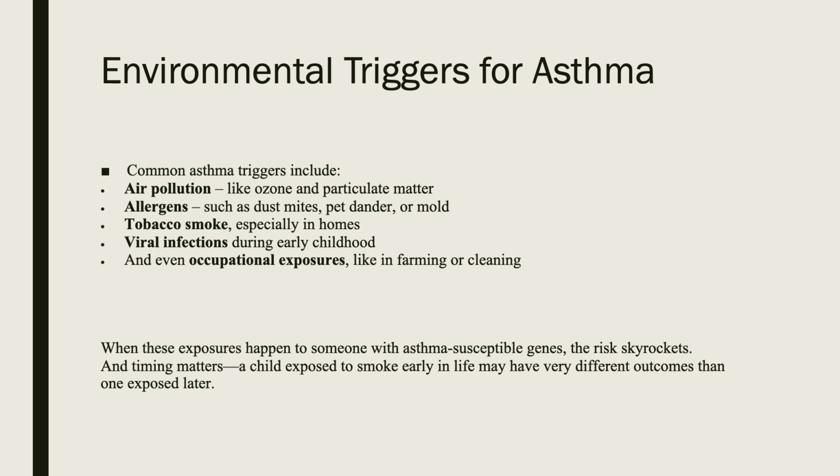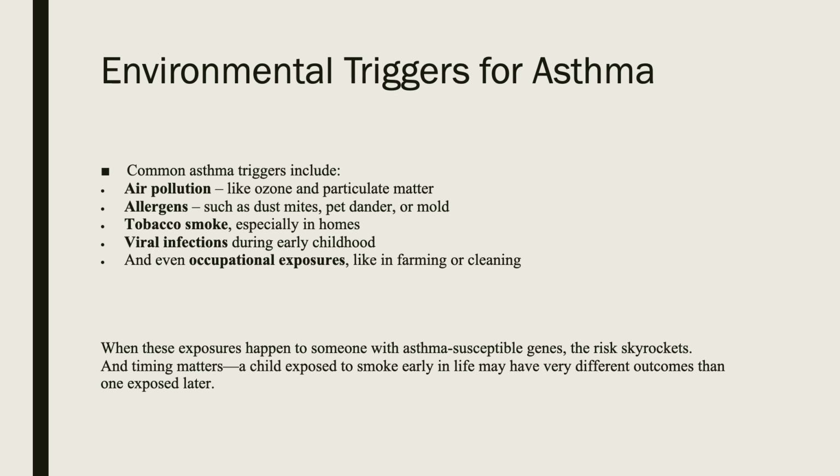Listed below are some environmental triggers for asthma. Common asthma triggers include air pollution, allergens, tobacco smoke, viral infections, and even occupational exposures. Now, when it comes to air pollution, we're discussing ozone and particulate matter.